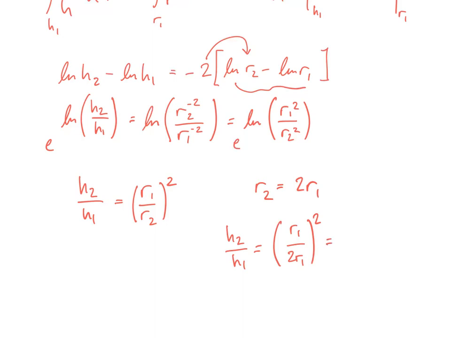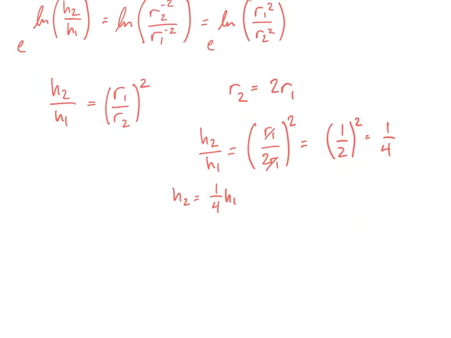And so these r's are going to cancel out. This becomes 1/2 squared, which is just 1/4. So h2 is going to be equal to 1/4 of h1. If I double the radius of the cylinder, I'm going to have to quarter the height in order to have the same volume.